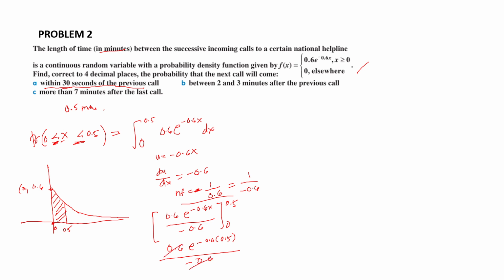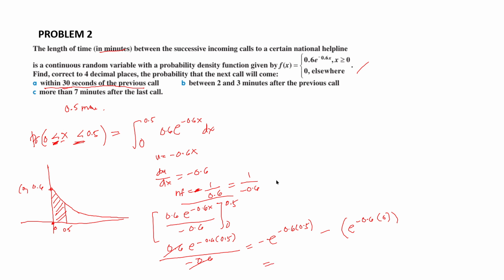So cancel this 0.6. This will become negative e raised to negative 0.6 times 0.5, minus e raised to negative 0.6 times 0. Okay.